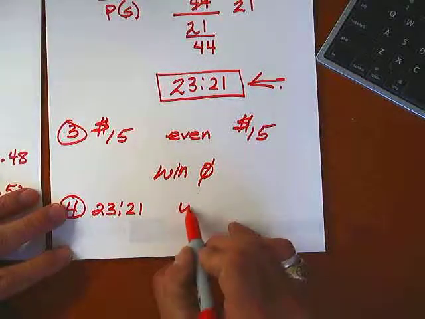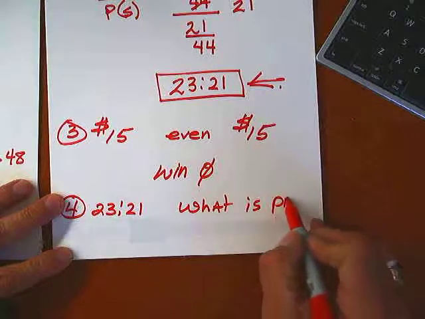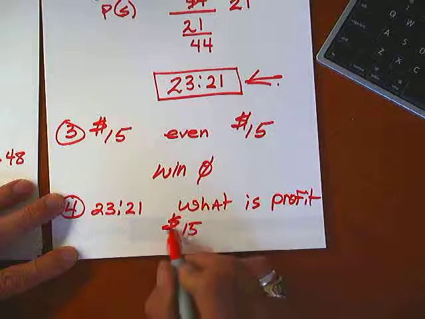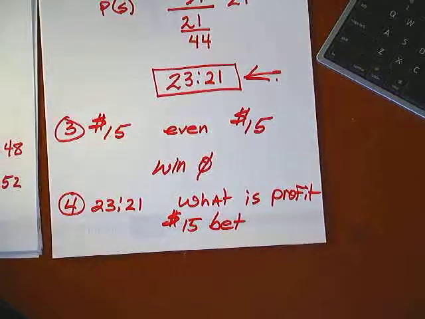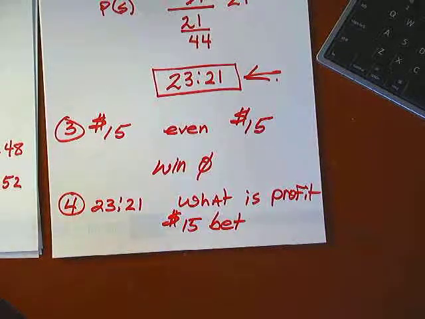Now, the third part, they're going to ask you what you do if the odds are even and you bet $15. Well, if you bet $15 and the odds are even, in other words, 1 to 1, 2 to 2, 3 to 3, then you get $15 back. So you win nothing. There's no profit.